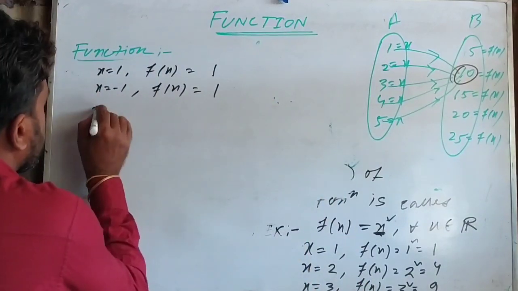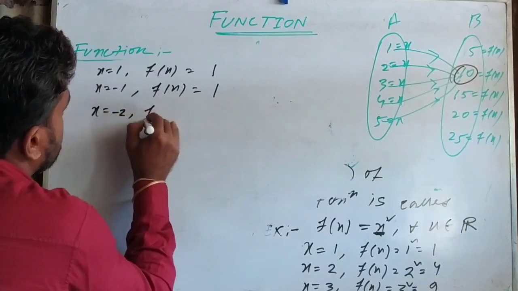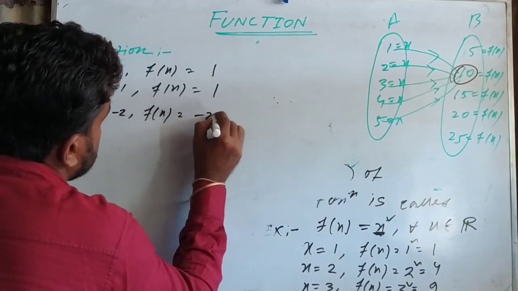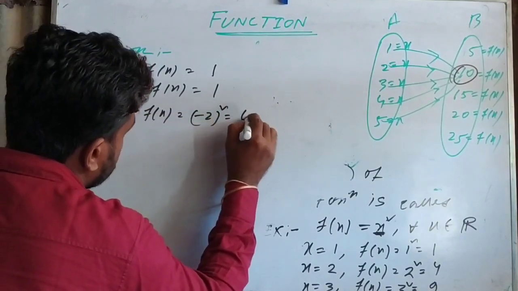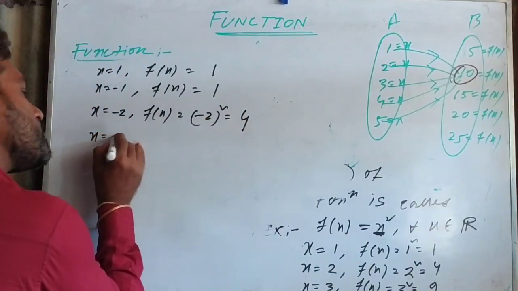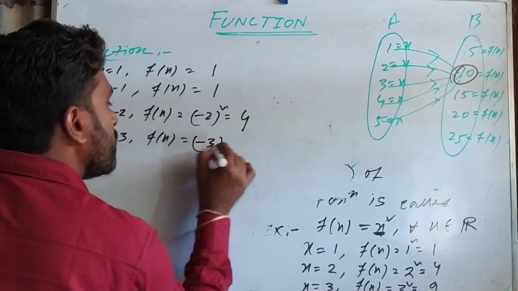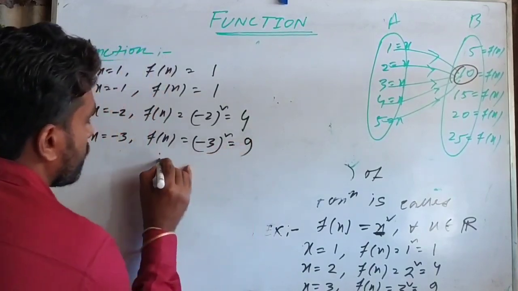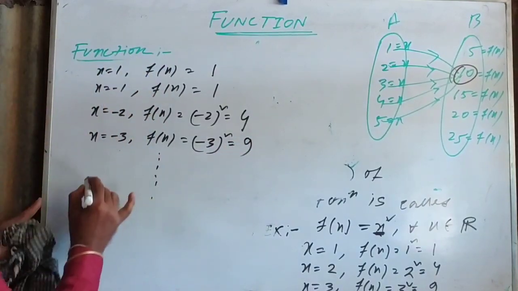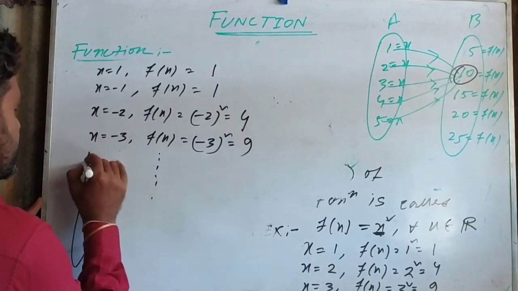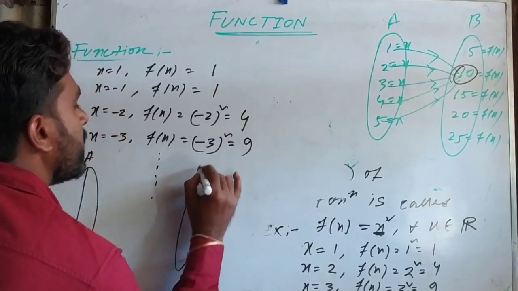So if I choose x equals minus 2, f(x) equals minus 2 whole square, that is 4. x equals minus 3, f(x) equals minus 3 whole square equals 9. Proceeding this way, just two sets A and B here.